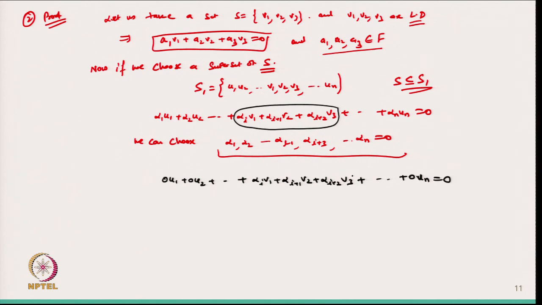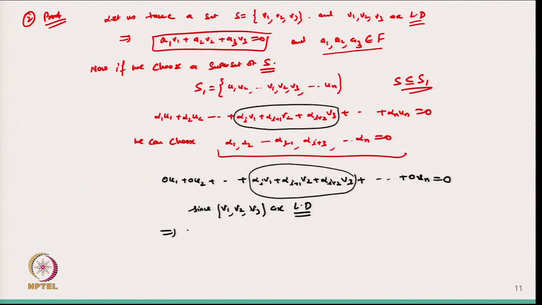Now, it is already known that V1, V2, V3 are LD, so these alphas can be 0 or not 0, but the other elements are 0.